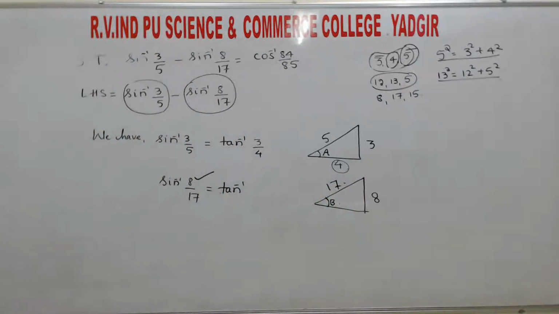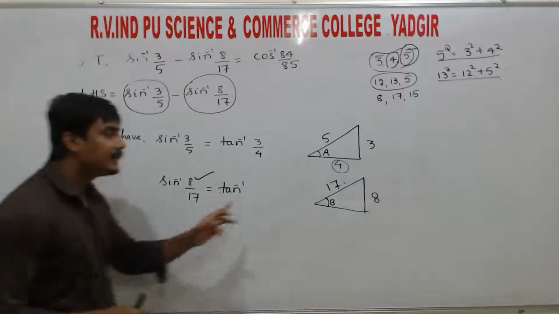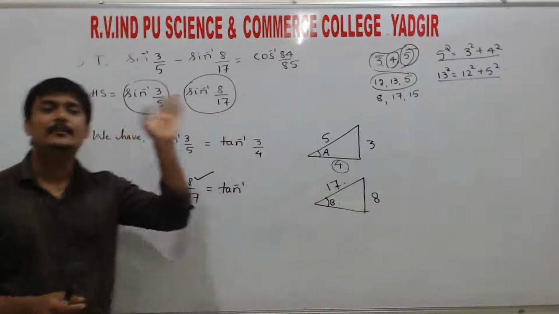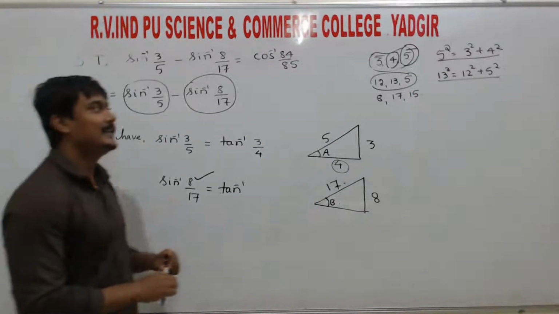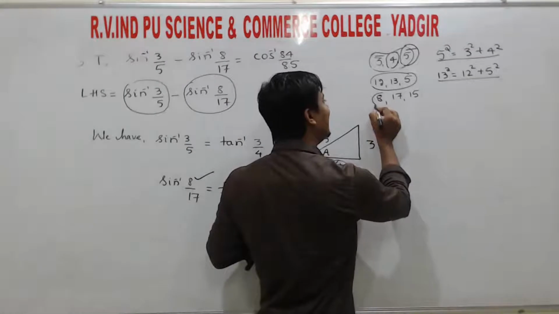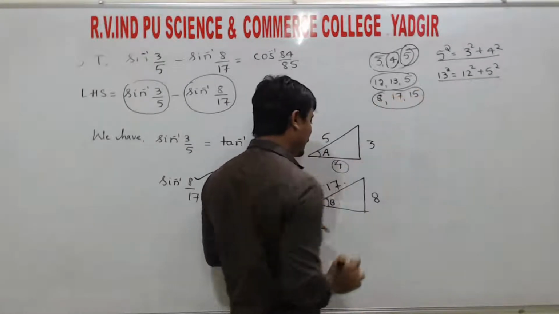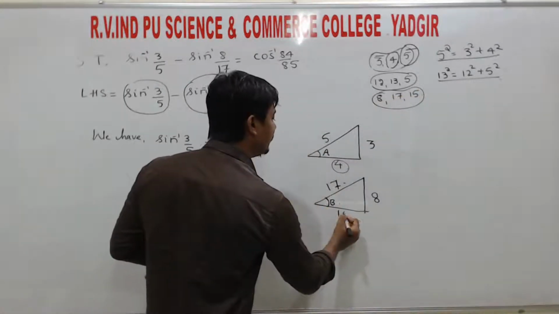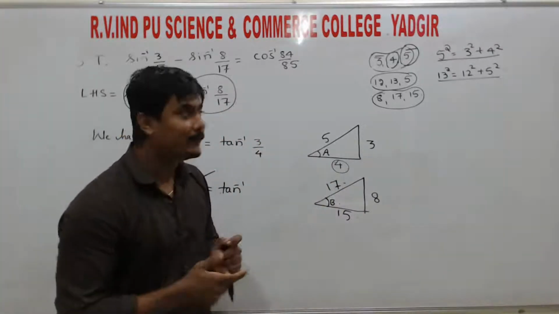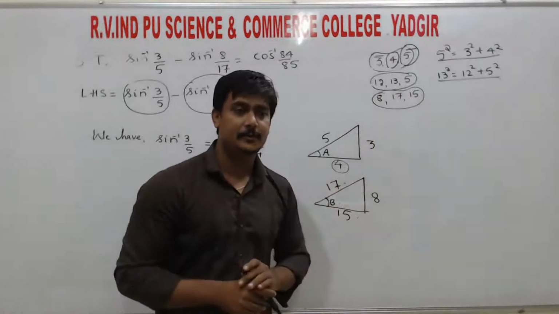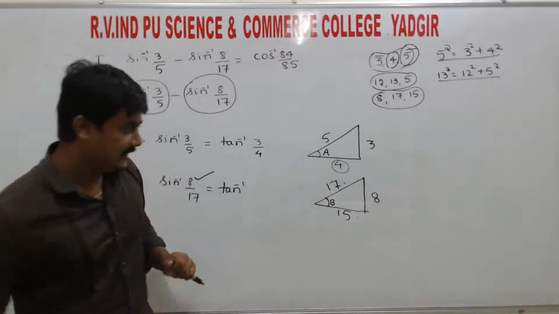Now I want the adjacent side length. Think for a while. Can you trace out what the adjacent side length will be? Yes, if you remember this standard triplet, dear students, it will be 15. Now you may be thinking, sir, if I forget the triplet, how do I find the missing side length?